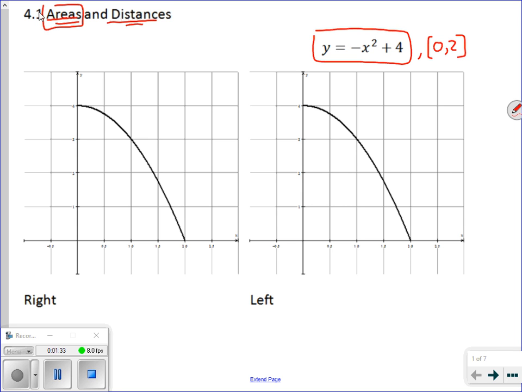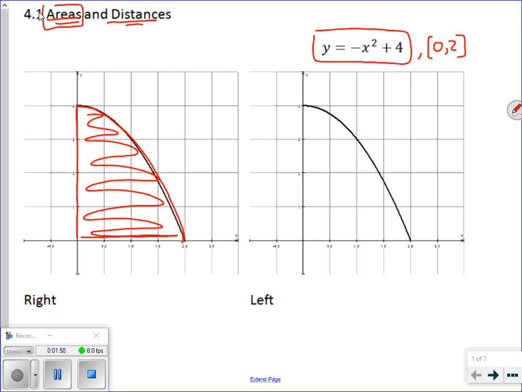I want us to find the area underneath the curve 0 to 2 bounded by the x-axis, which that piece of the graph is already given to you right here. That's the piece of the graph, negative x squared plus 4, which means 0 to 2. And I'm wanting to look between 0 and 2 bounded by the x-axis. And I'm wanting to find this area here.